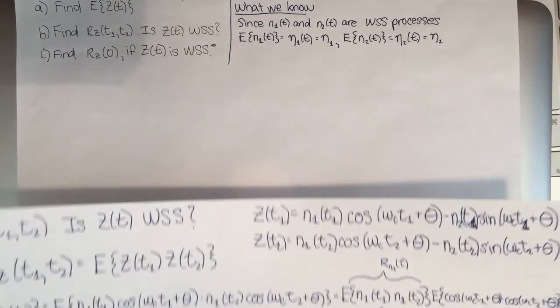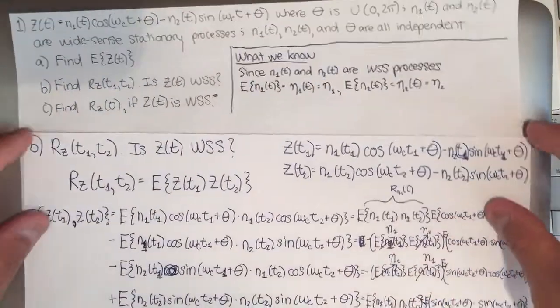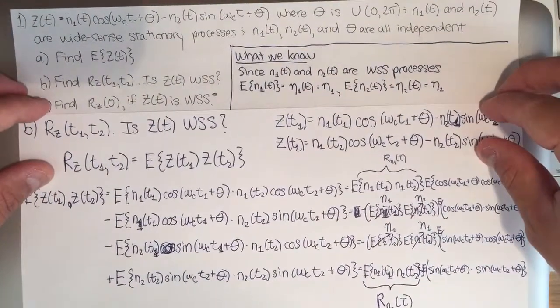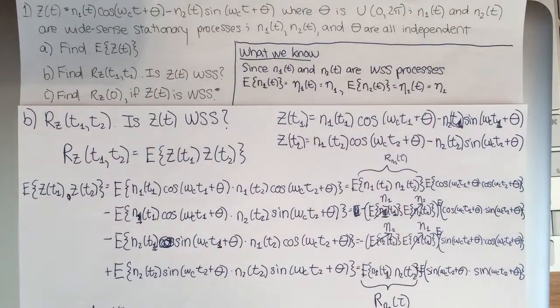I have a couple pages, so please bear with me. The question is asking: find r subscript z of t1 comma t2, and furthermore, is z of t a wide-sense stationary stochastic process?